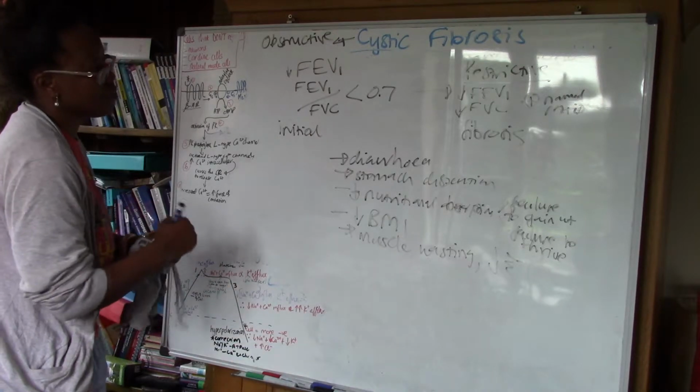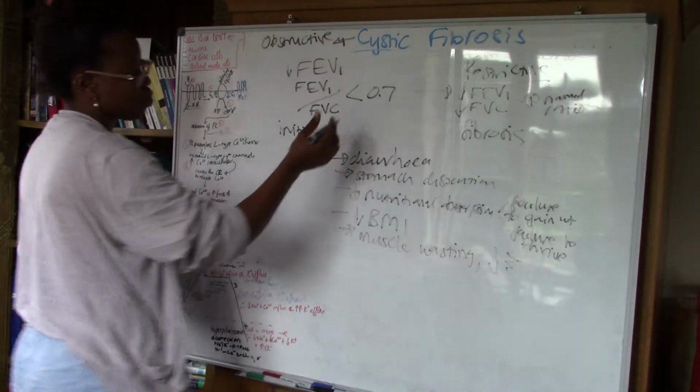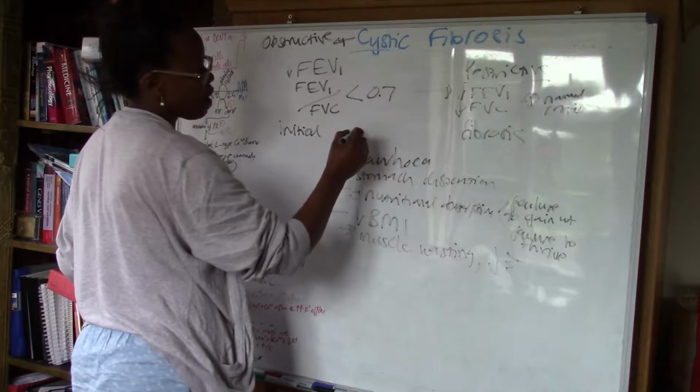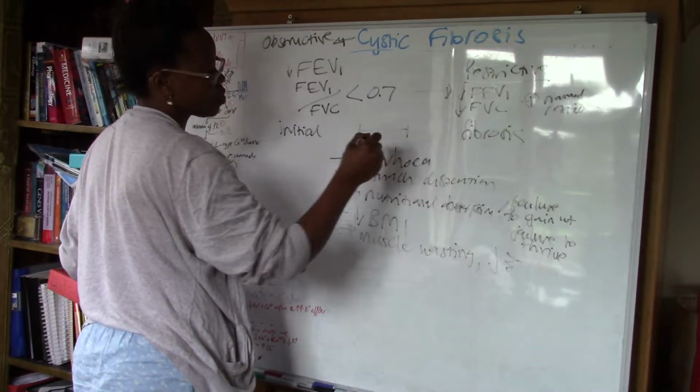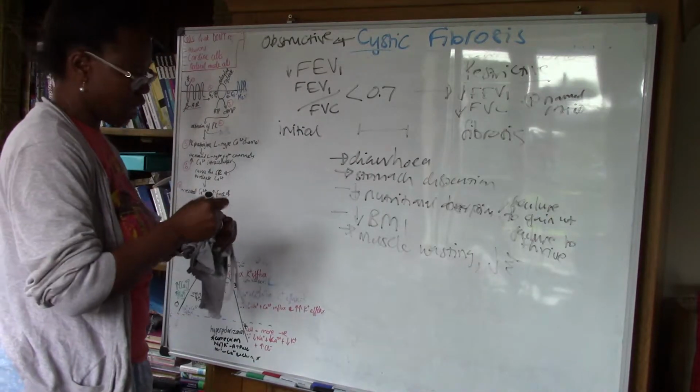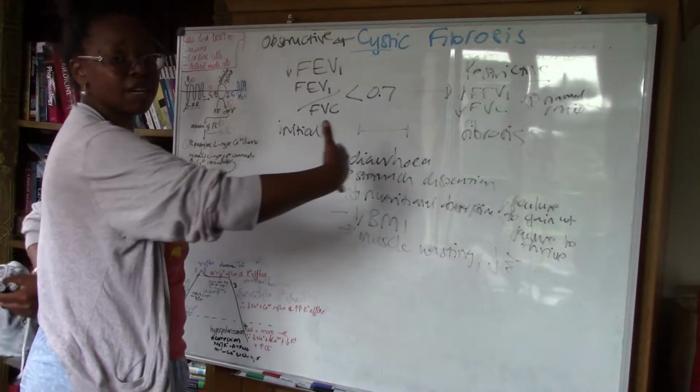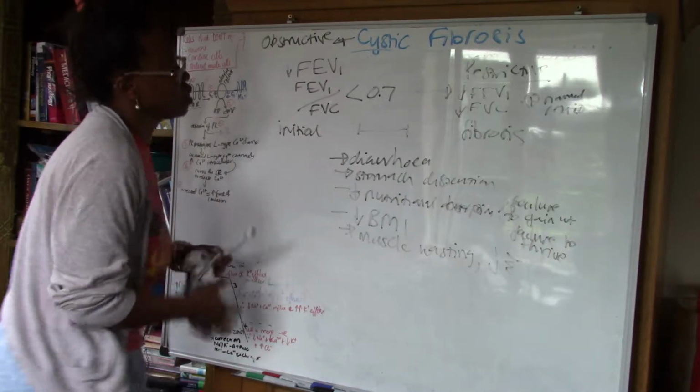Another thing which I forgot to mention in terms of pulmonary, they will have an increase in AP, the anteroposterior surface of the chest, so they will have an increase that way.